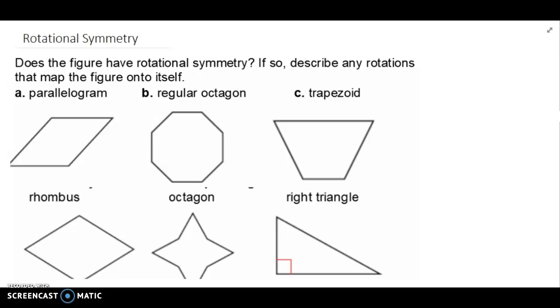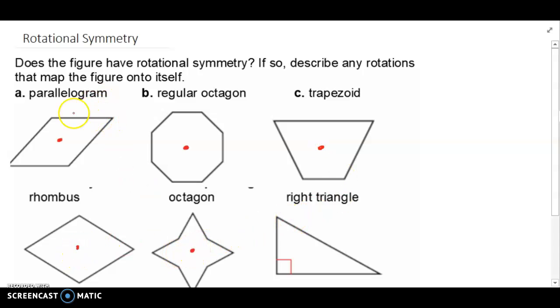All right, so now we're going to talk about rotational symmetry, and then after this we'll be done with this section. So rotational symmetry is, can we rotate a figure so many degrees to where every point will lie on itself? Okay, so our center of rotation is going to be in the center of these.